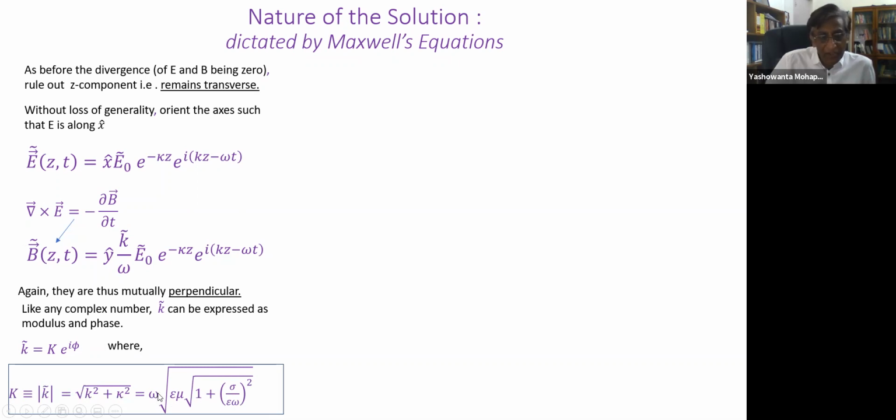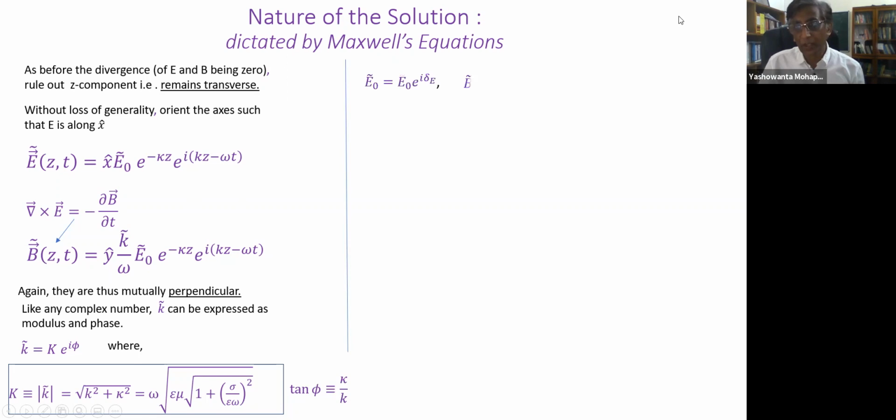And on simplification, this magnitude of K depends on omega, and instead of simply 1 by c, we have a little bit more complicated equation depending again on sigma and omega, this ratio sigma by epsilon omega. And the tan phi, this is the phi that I have, the phase. So tan phi is simply kappa by K, the imaginary part divided by the real part. This, as we know, is for a simple complex number.